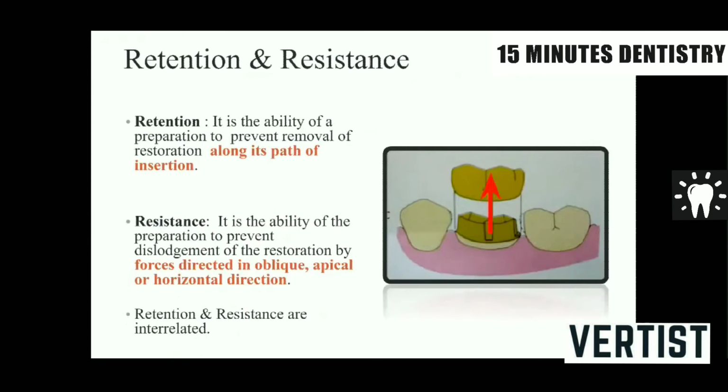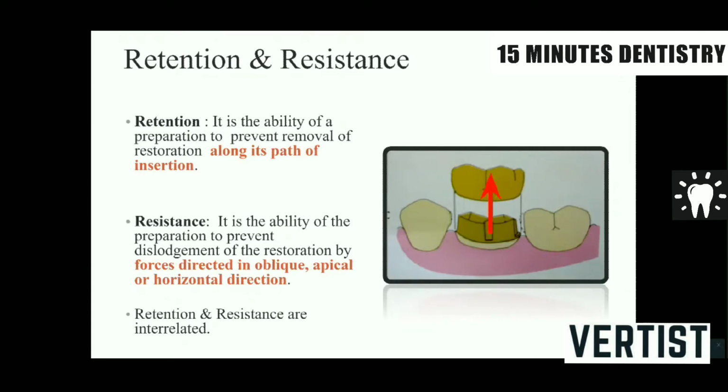The next principle is retention and resistance. As you all know, retention is the ability of a preparation to prevent removal of the restoration along its path of insertion. And resistance is the ability of the preparation to prevent dislodgement of the restoration by forces directed in oblique, apical or horizontal direction.